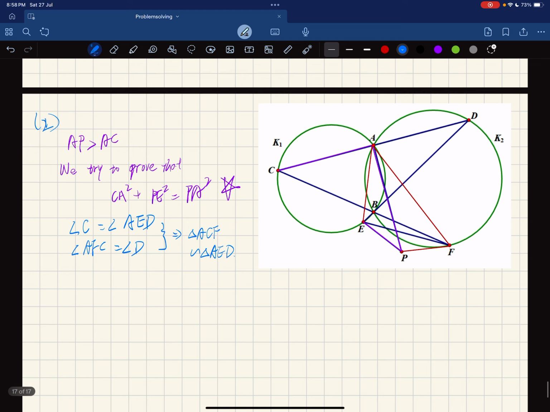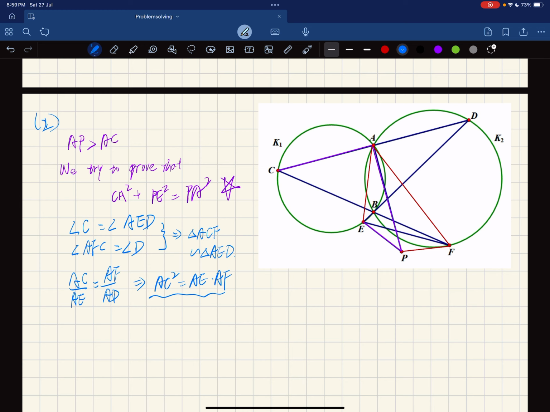AC over AE equals to AF over AD. Remember that AC is equal to AD. So that means AC squared equals to AE times AF, right? That's one thing we get.